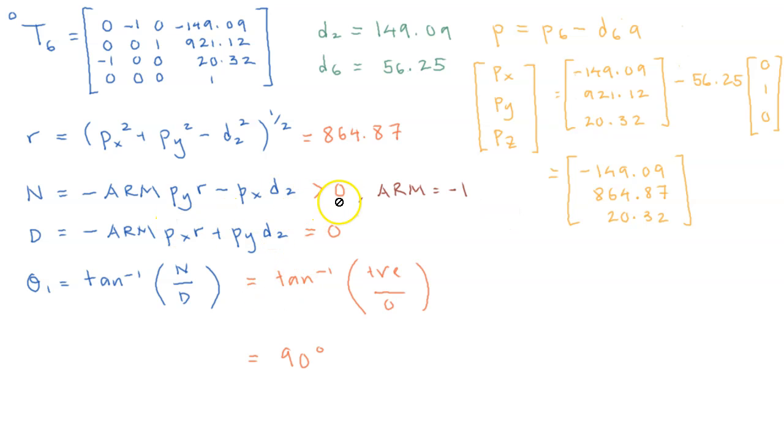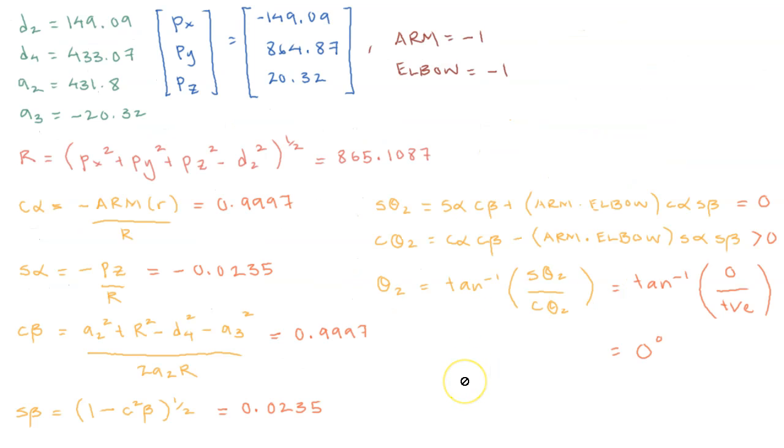We get a positive number. At this point, it doesn't matter because the denominator is 0 if you compute it. So the arctangent of a positive number over 0, which is positive infinity, gives theta 1 as 90 degrees. So two things for you to find out: why I used arm to be minus 1 and why this leads to 90 degrees.